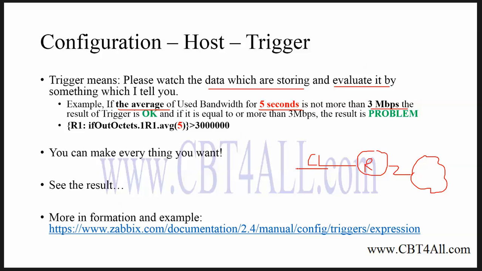So in this case, we are monitoring the bandwidth here, and we say if this bandwidth goes up above 3 megabit per second, in this example, for more than 5 seconds, something bad happens.